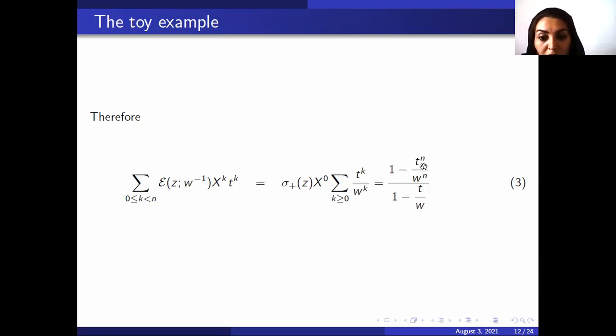I'm writing 1 minus tn over wn, quotient 1 minus t over w, because it is a finite sum from k equal to 0 up to n minus 1.